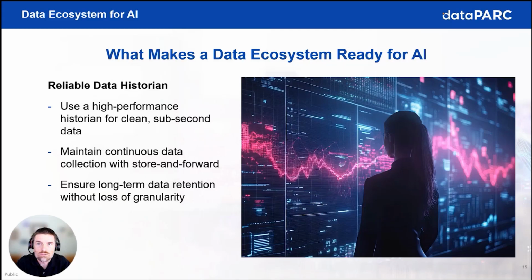So if your data historian is set up in such a way that everything over a month old gets recalculated into 1 hour averages, and that's all the data you store for long term, your AI training may fail because you don't have a high enough resolution for the requirements.